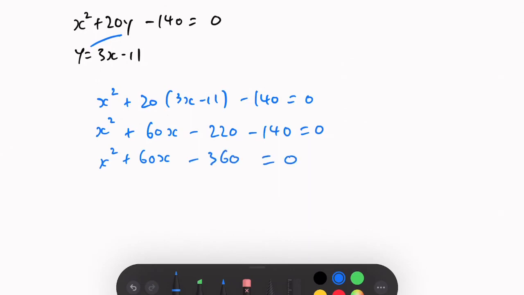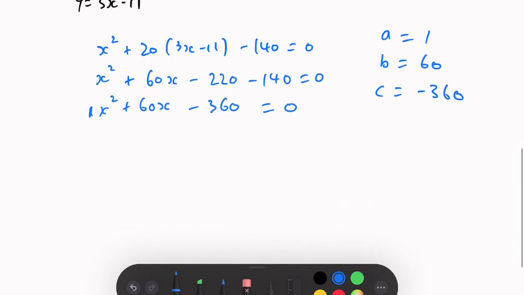Now you can put that into your graphical calculator using the same way, but your a value equals 1, as the number in front of x squared is 1, and your b is going to be 60, and your c will be a negative 360.